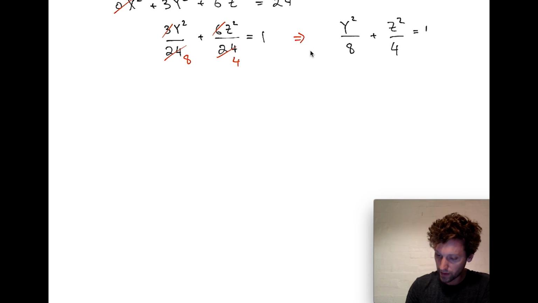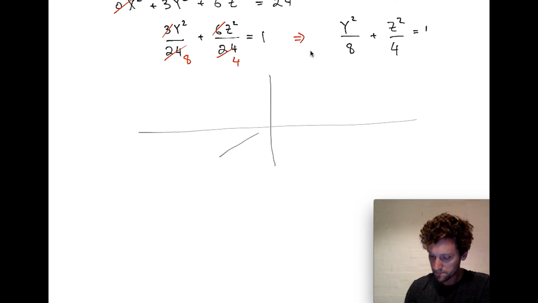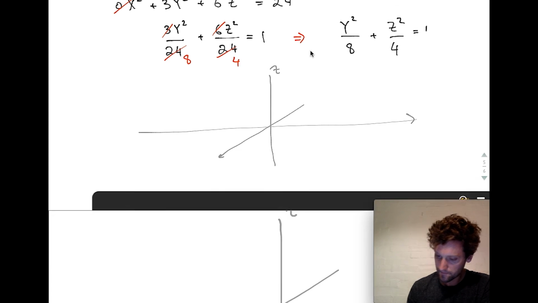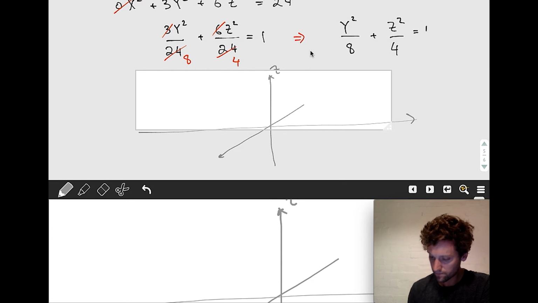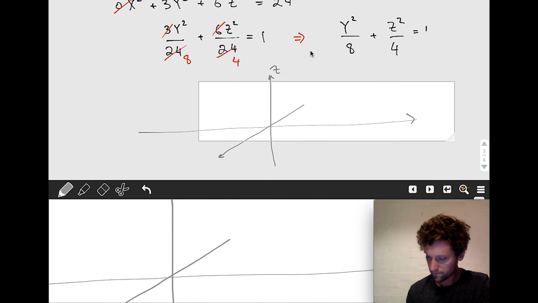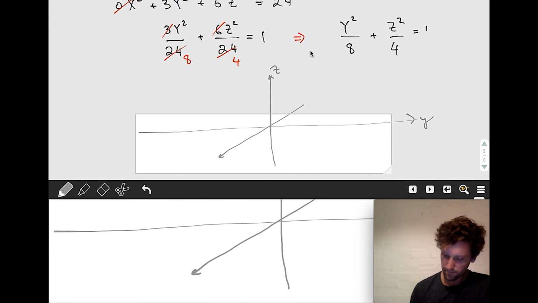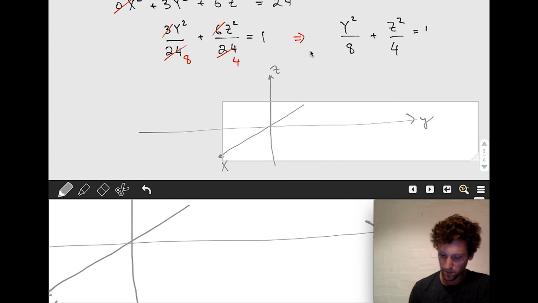Let's see if I can draw that. So here is big X, Y, Z. Those are the new coordinates. Let me just make that a little clearer.